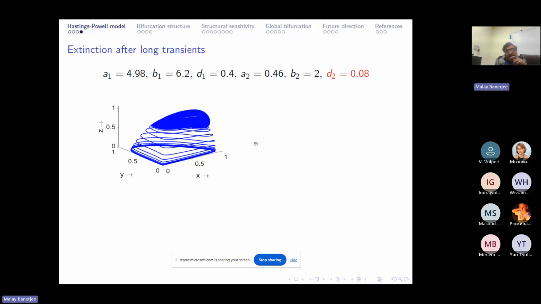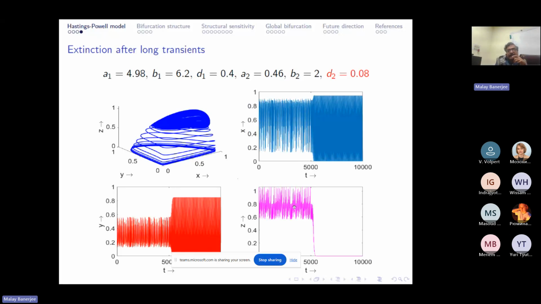If we look at the time series of the 3 components against time, we have these 3 different plots. The blue one corresponds to prey, the red one to the middle predator, and the magenta one to the top predator.